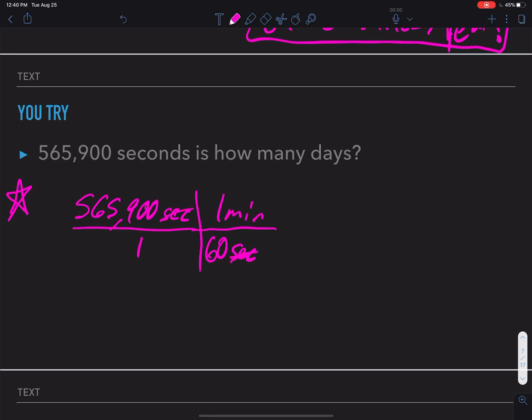So if we stop right there, our answer is in minutes, but we need our answer to be in days. Okay, what do we know about a minute? Exactly, there are 60 minutes in 1 hour. So now we have hours. So what do we know about hours? There are 24 hours in 1 day.